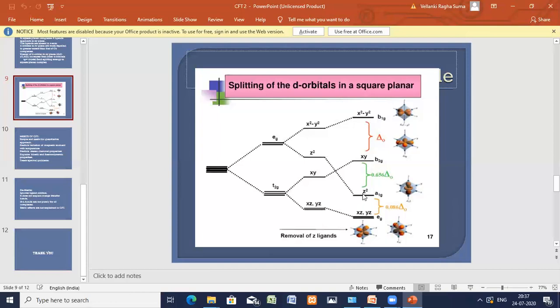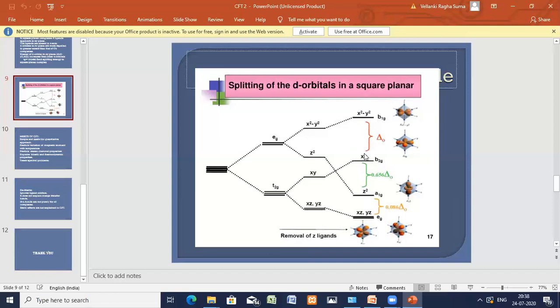Less repulsion, less energy, somewhat stability. In the xy plane, a bit more energy, more repulsion. Here, still higher energy and high repulsion. So you can see the energy difference when compared to the octahedral.